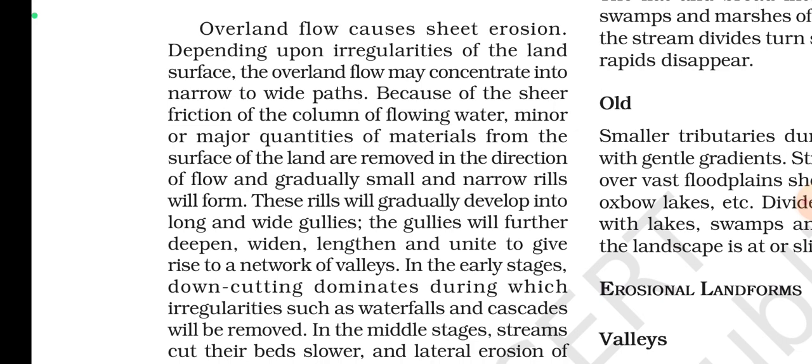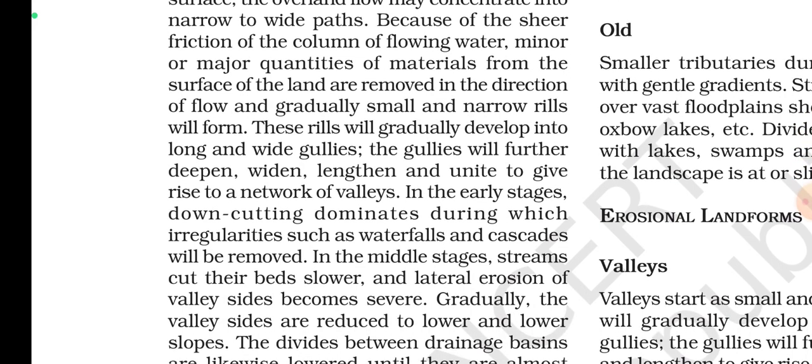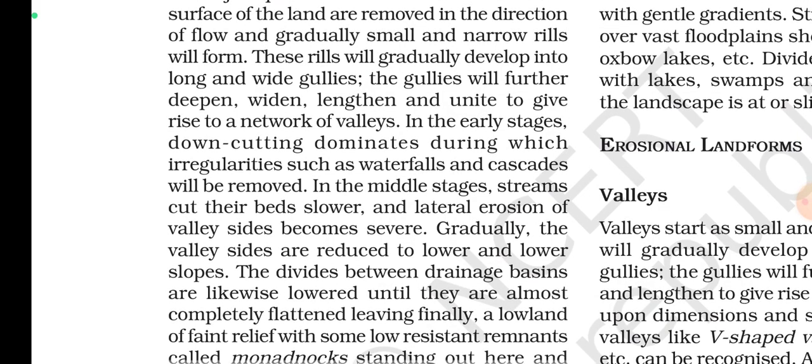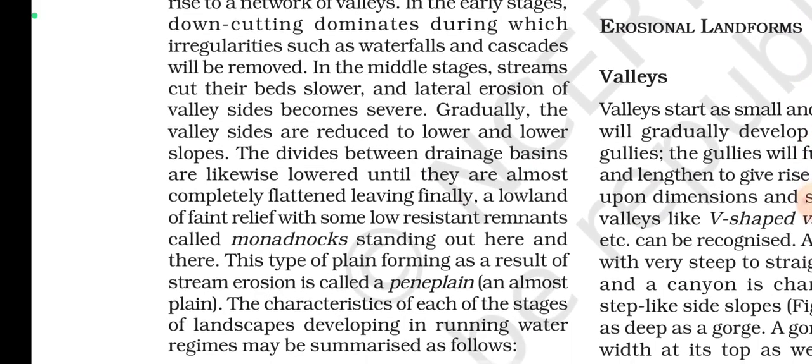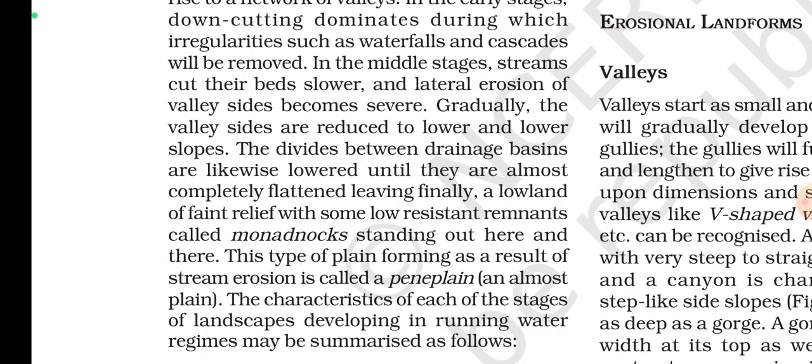In the early stages, downcutting dominates, during which irregularities such as waterfalls and cascades will be removed. In the middle stages, streams cut their beds slower, and the lateral erosion of valley sides becomes severe. Gradually, the valley sides are reduced to lower and lower slopes.